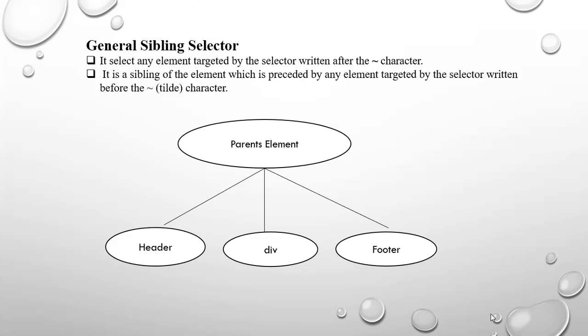The general sibling selector. The term general means that whether the second element immediately follows the previous element or not, the action will be taken on the selected elements.